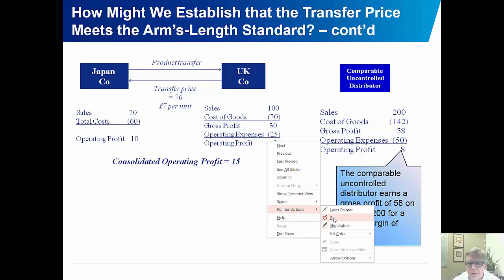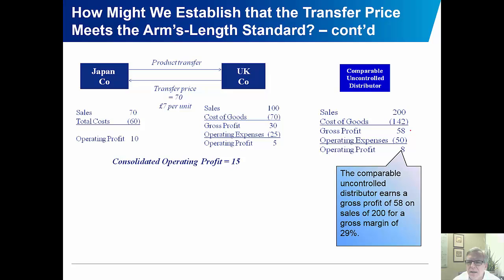If we look at this gross profit right here, and we're taking it relative to the sales level of 200, we can do the math, work that out. That's a gross margin of 29%. And as we talked about before, our related party has a gross margin of 30%.